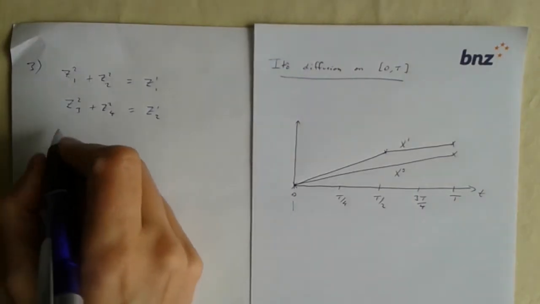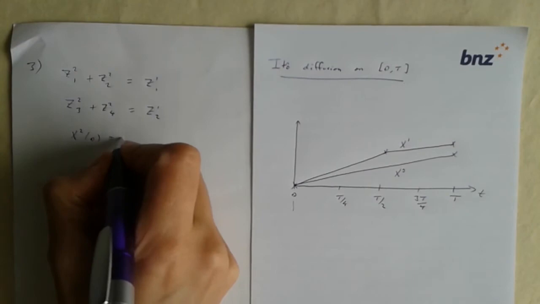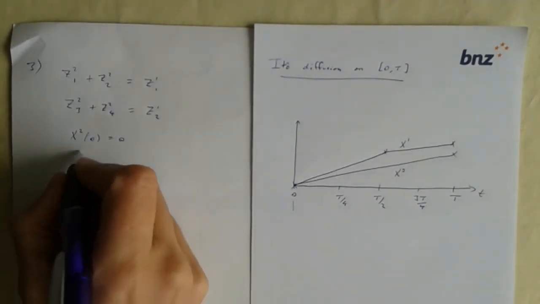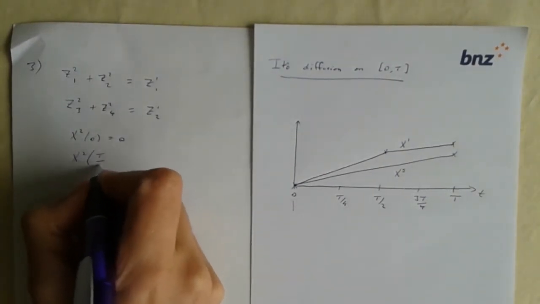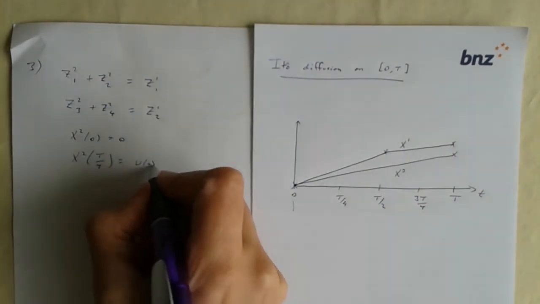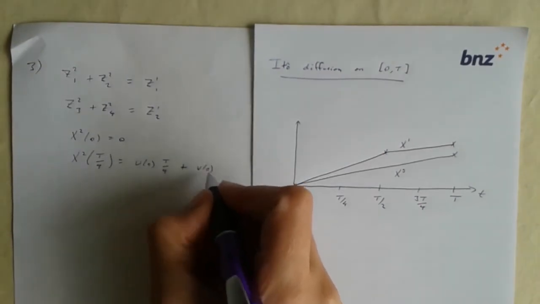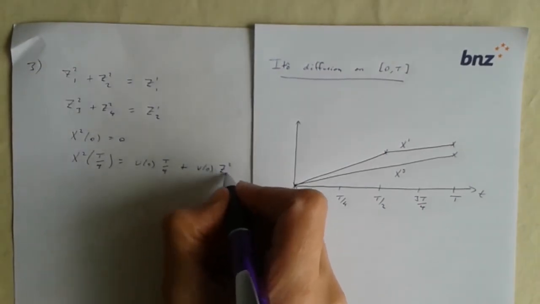And we'll define our process x2 like this. At time 0 it's still 0. At time t over 4 it will be that plus that.